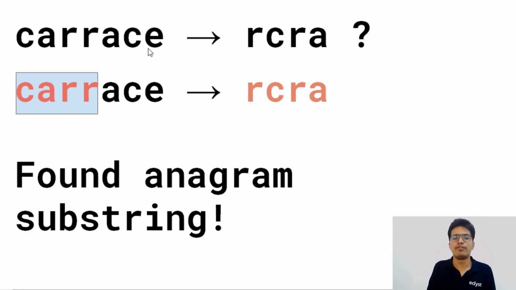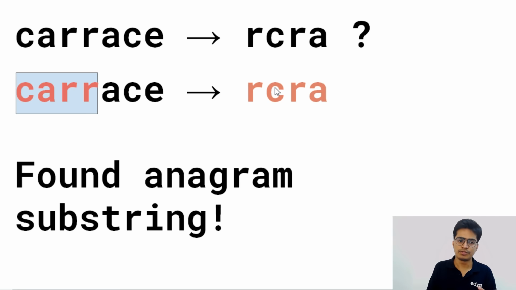Those are the only 4 substrings of length 4 that you can make here, right? No rotations allowed, nothing. The question simply asks, out of these 4-letter substrings, is there any substring that you can rearrange, that you can fiddle with, so that it becomes RCRA? It's pretty simple.